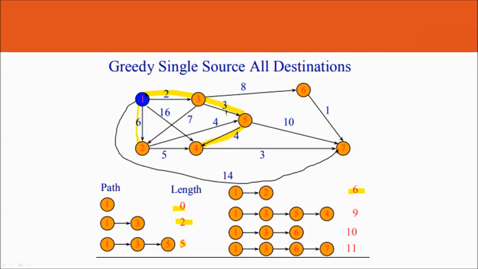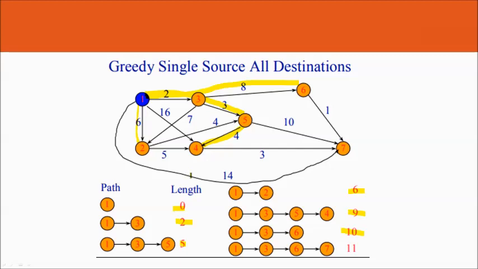So 2 plus 3 is 5, plus 4, we have 9. Next direction is 1, 3, and 6. From 1 to 3, we have 2, and then 3 to 6, we have 8. So that's why we have length 10 here.